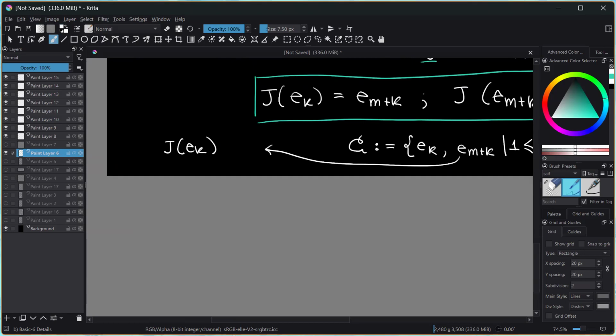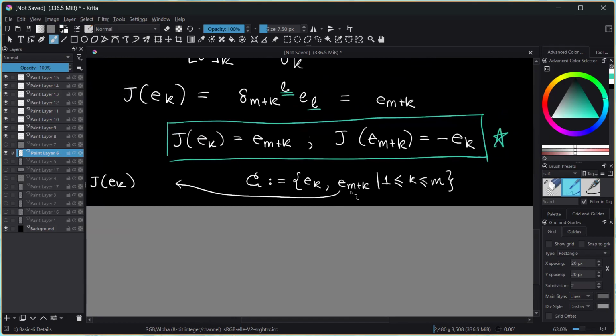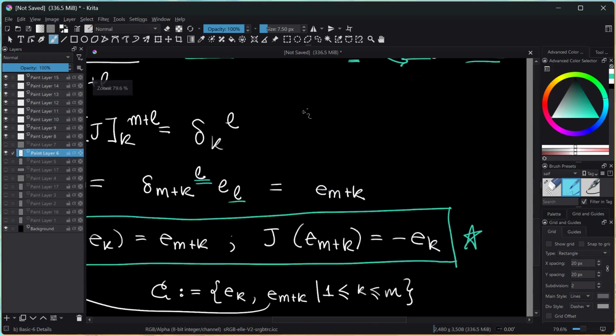I think I removed it from the notes maybe, but part of the statement here was that the basis that you get, you can write it in this form. EK, J of EK. And the covector basis, you can write it in this form.